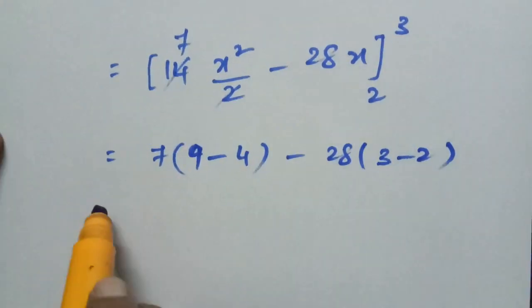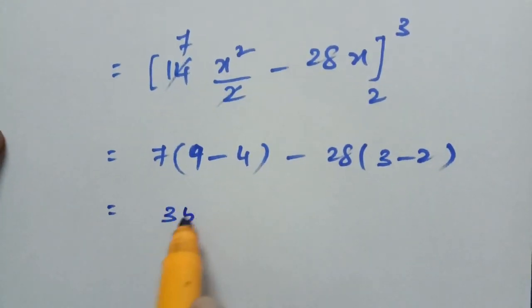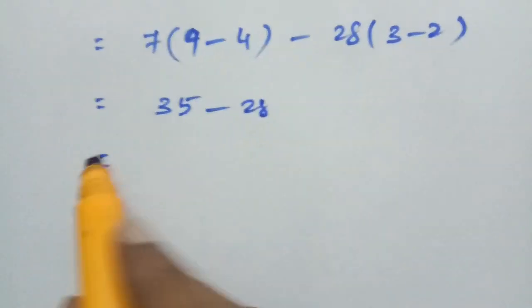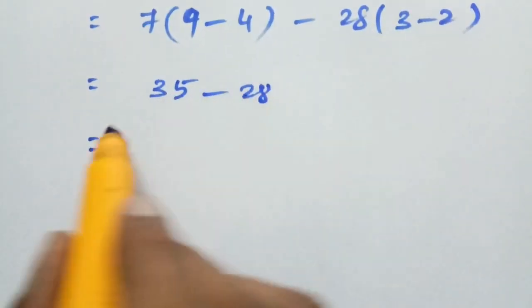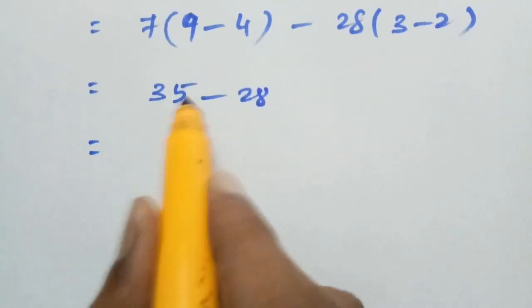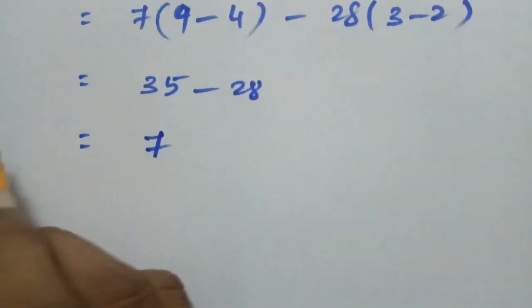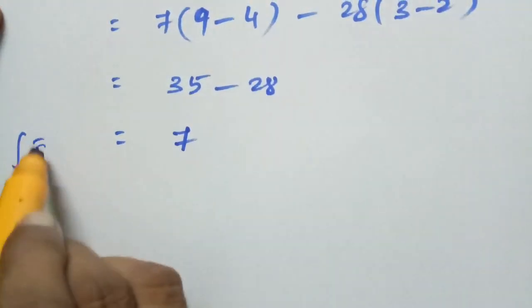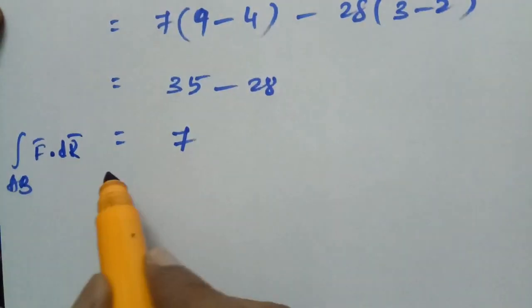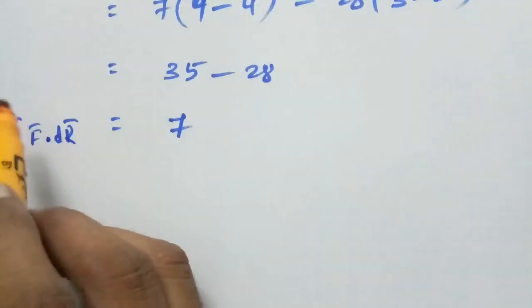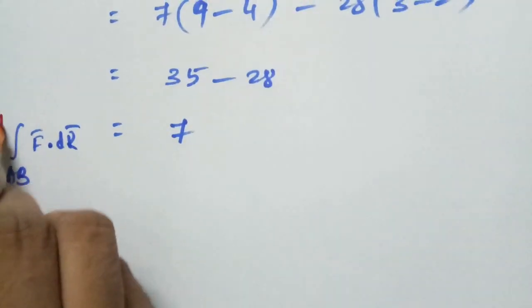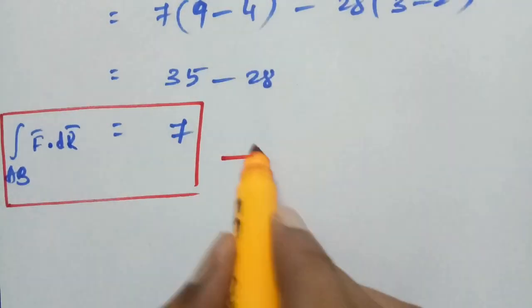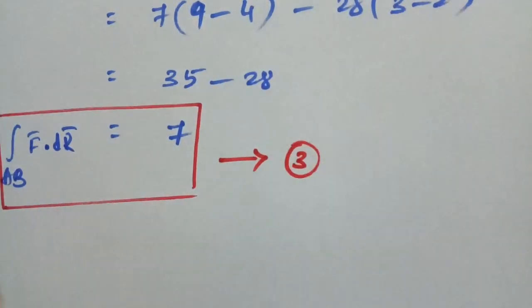Therefore, 7 into 5, 35, minus 28, that is equal to 7. Therefore, the integral of f bar dot dr bar along AB is equal to 7. Say this is equation number 3.